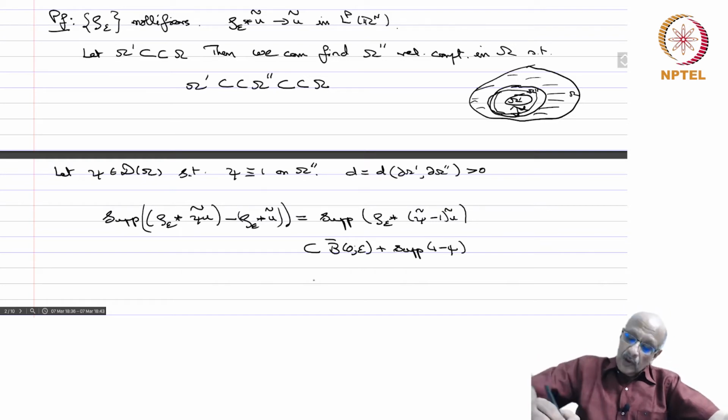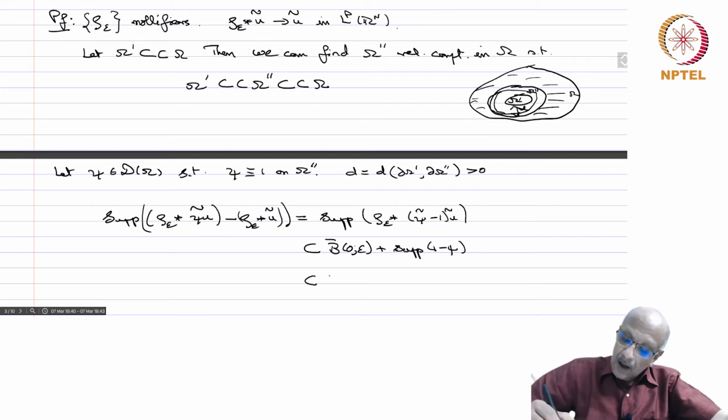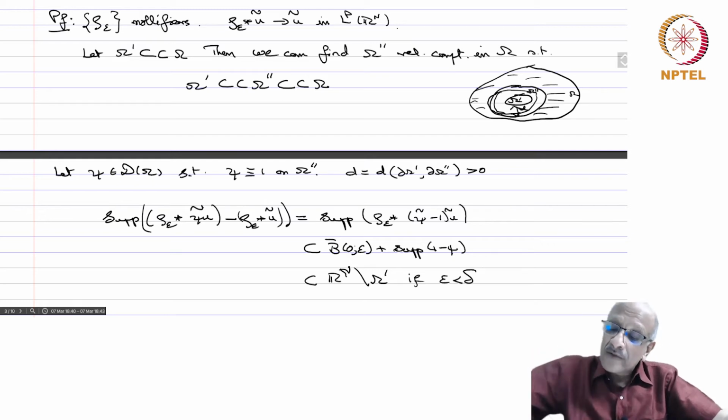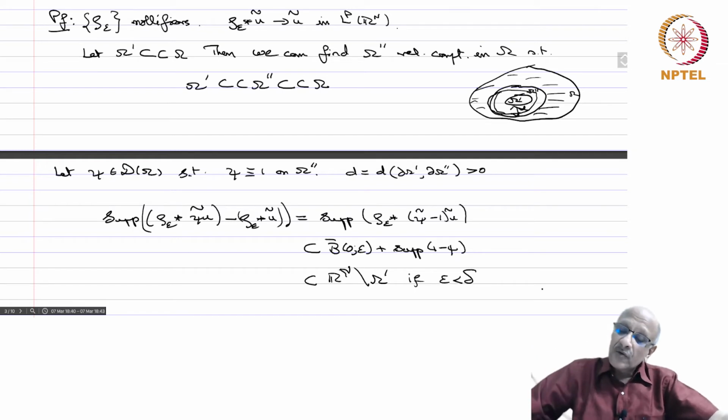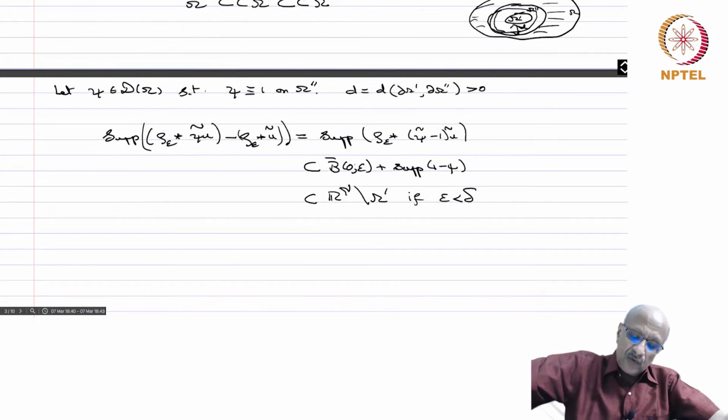So this will be contained in Rn minus omega prime if epsilon is less than d. So as long as I don't add more than the distance between these two boundaries, the small thin layer which I am adding is going to be well near the other, outer boundary, and therefore this will be contained in omega prime. So the support of these two functions lies in Rn minus omega prime.